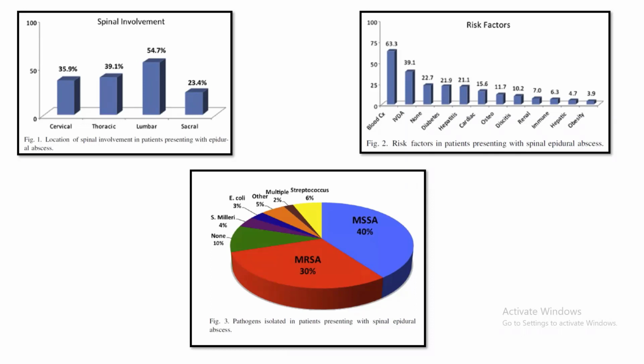And at the bottom, the culture study shows the predominant microbes involved, and Staph aureus was the most common one. 40% were methicillin sensitive, and 30% were MRSA, but certainly Staph aureus was the most dominant overall.